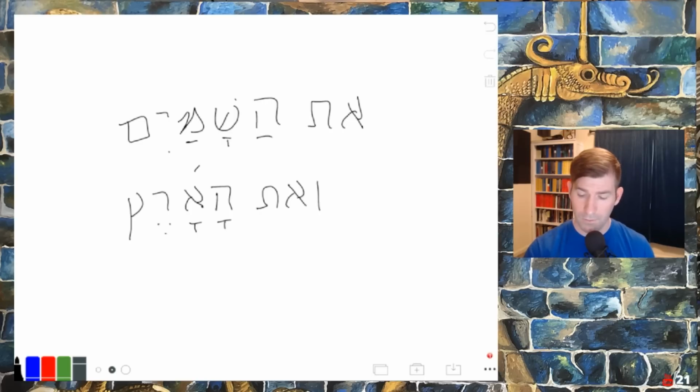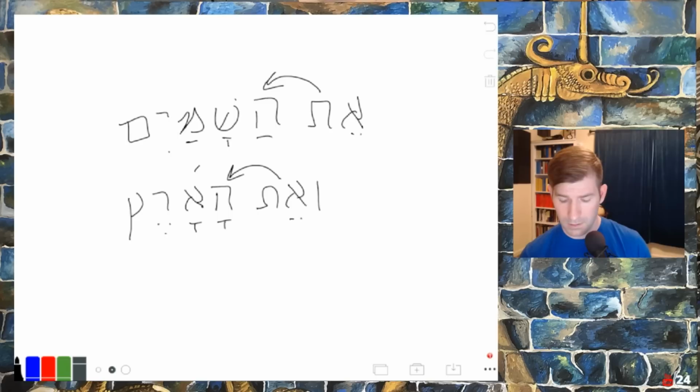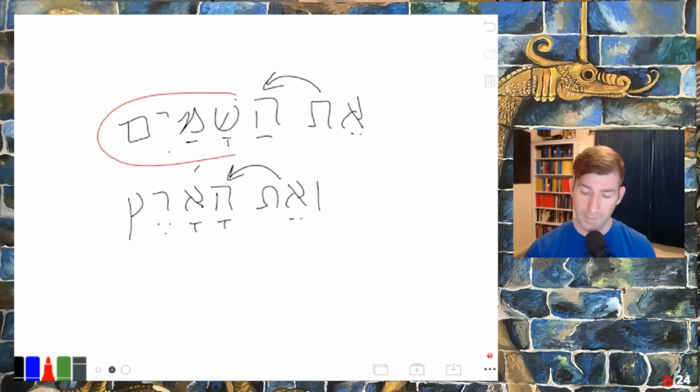Okay, so et in these positions is basically telling you, in the beginning God created hashamayim and haaretz, the heavens and the earth.